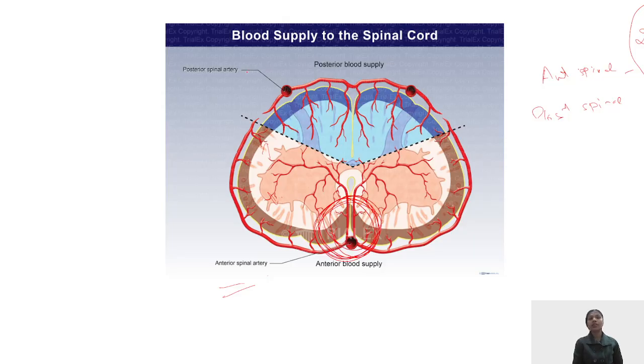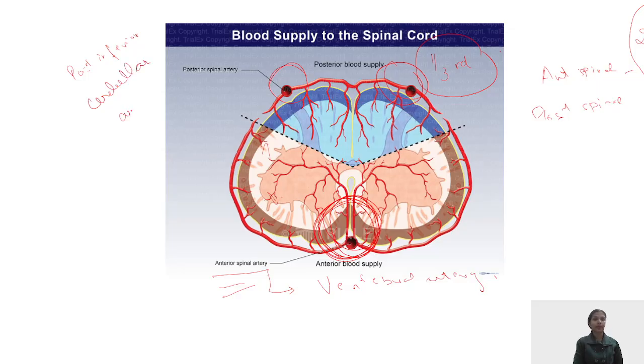But we have two posterior spinal arteries, which give blood to 1/3 of your spinal cord. The anterior spinal artery is a branch of the vertebral artery, whereas the posterior spinal artery is a branch of the posterior inferior cerebellar artery, supplying 1/3, while the anterior spinal artery supplies 2/3 of the spinal cord.